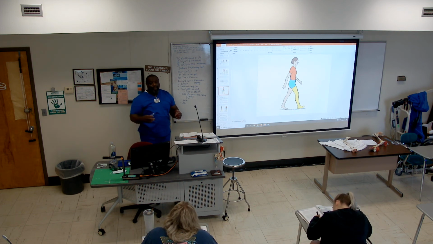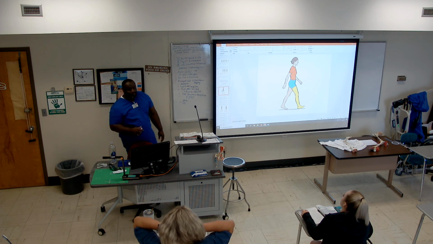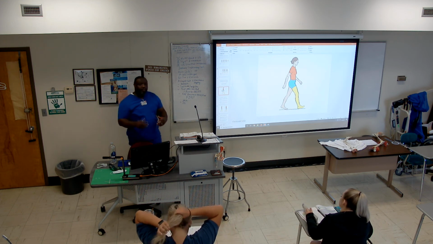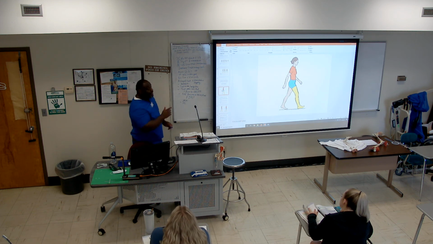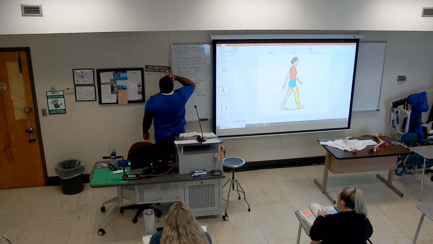If passive range even hurts and they can't function, we'll put them in a pool. Start there. Because pools do what? If I'm in the water and I'm at least waist high in the water, how much has that decreased my body weight? 50%. Waist high.